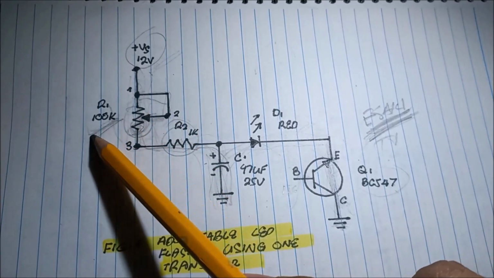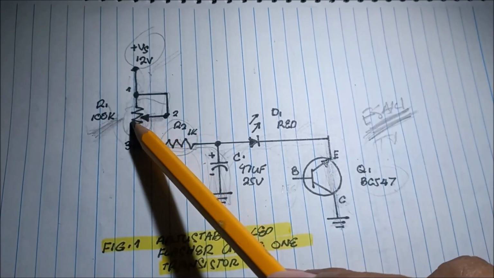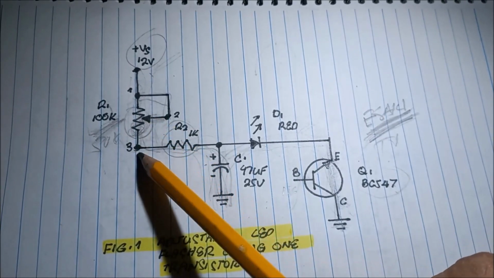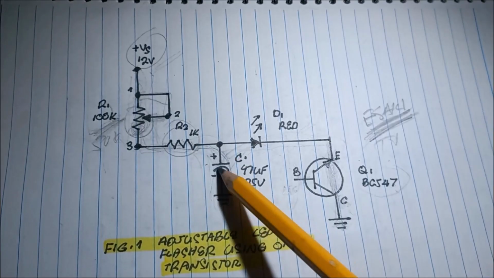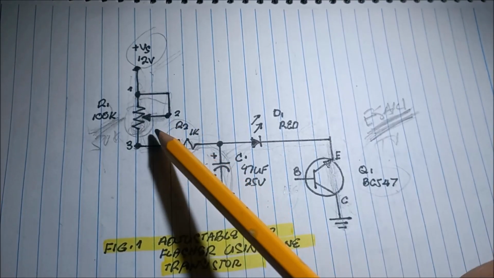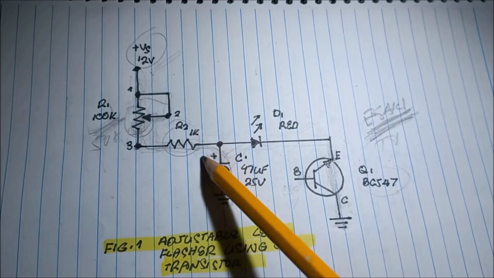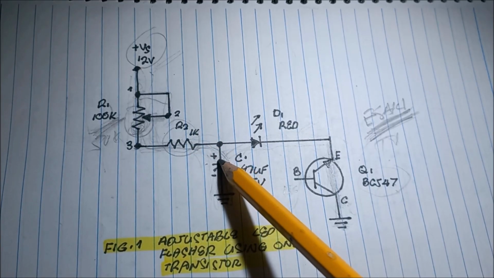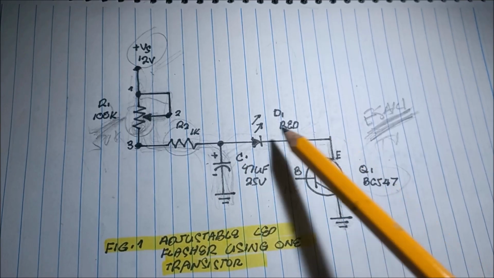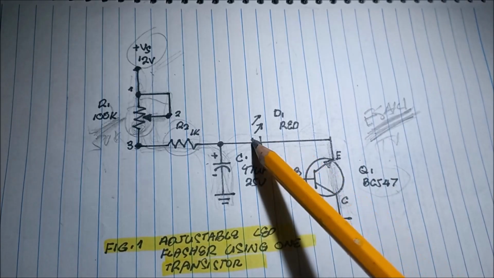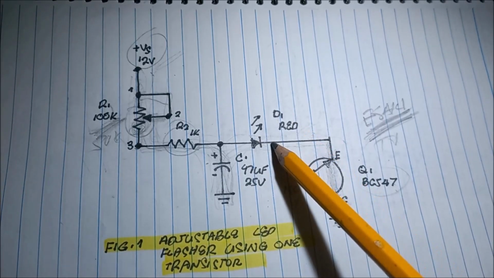It is not 100k anymore, because half of this is 50k, and then the current flows to the 1k, charging the capacitor much faster, and then discharging to the emitter, and now the current flows from the emitter to the ground, causing this LED to blink.